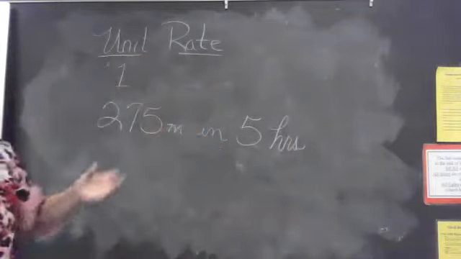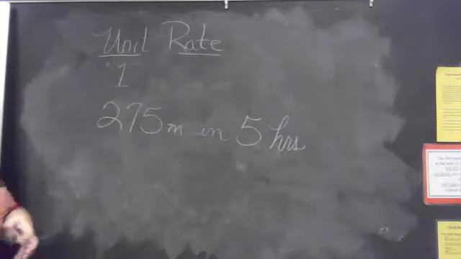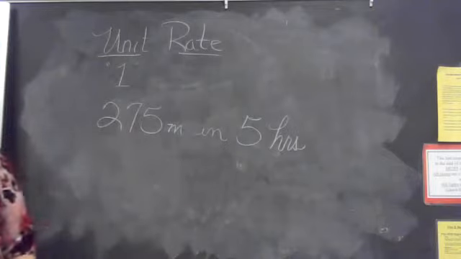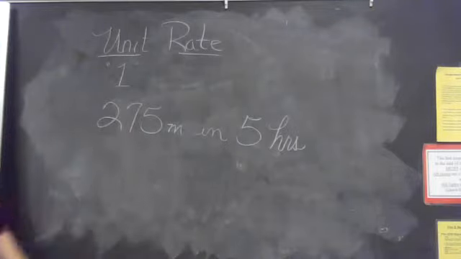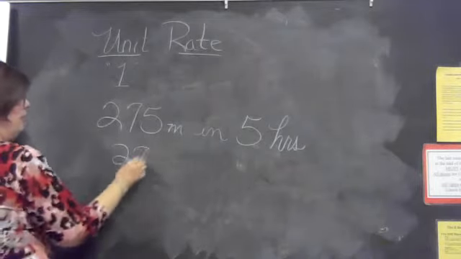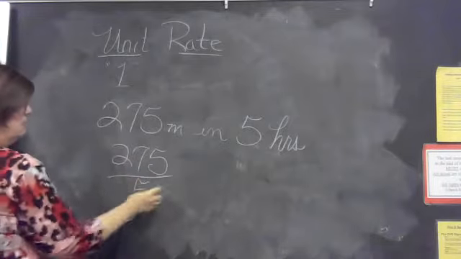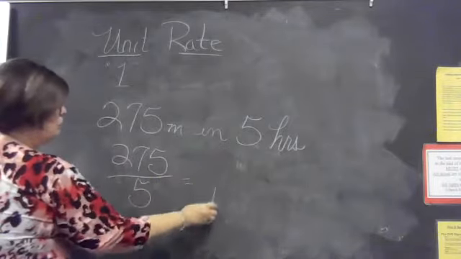So what I want to know is what's the unit rate? That means how many miles would they go in 1 hour? Because that would be how fast they are going per hour, right? So 275 in 5 hours equals how much in 1 hour?